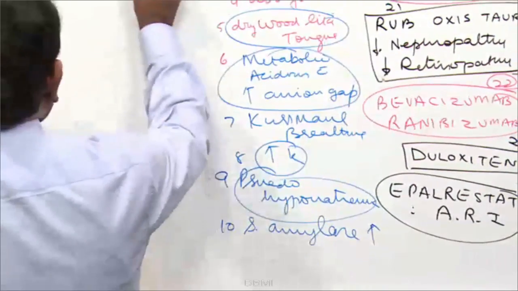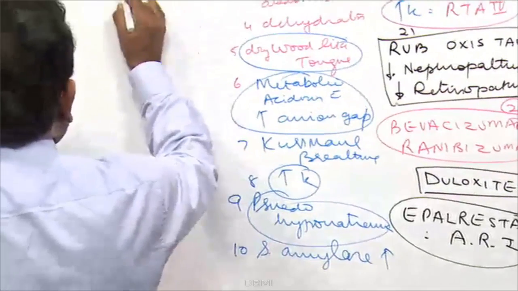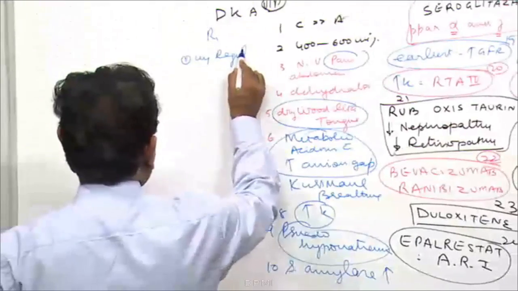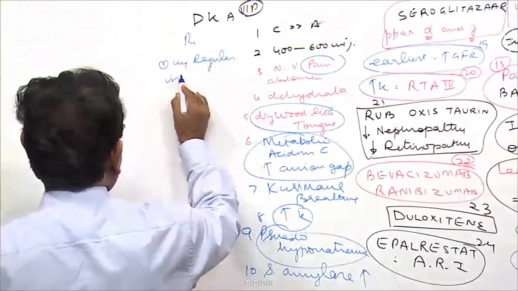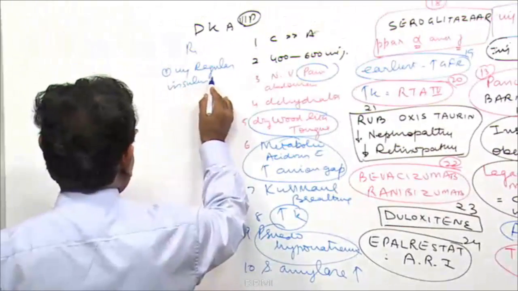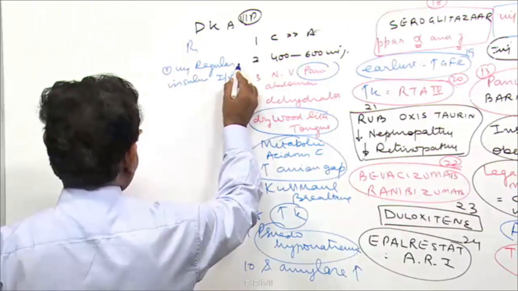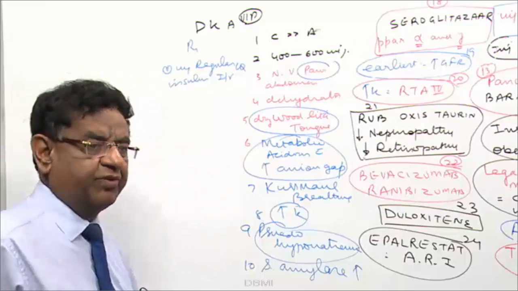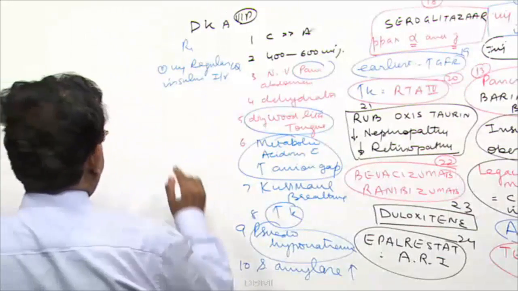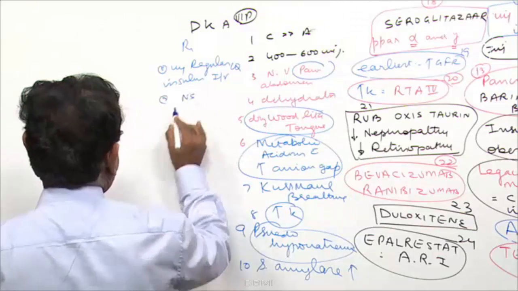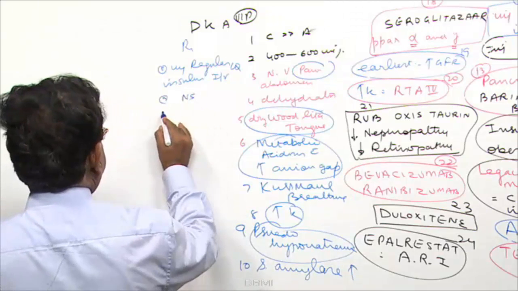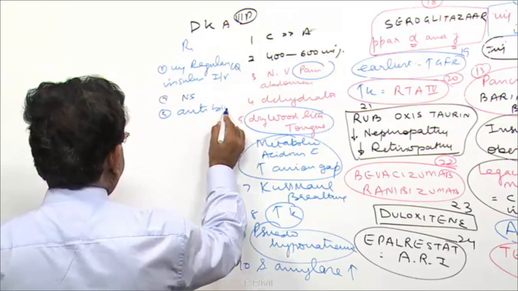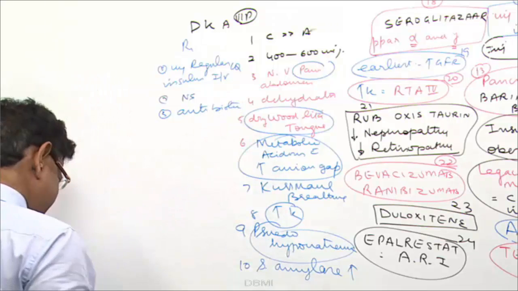So in treatment, you give injection regular insulin intravenous. This is a latest question. You give regular insulin intravenous, you give normal saline, and you give antibiotics to control any infection.